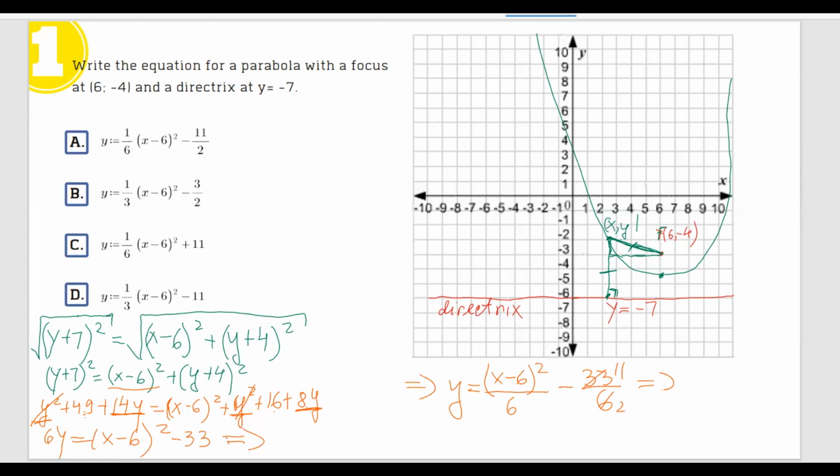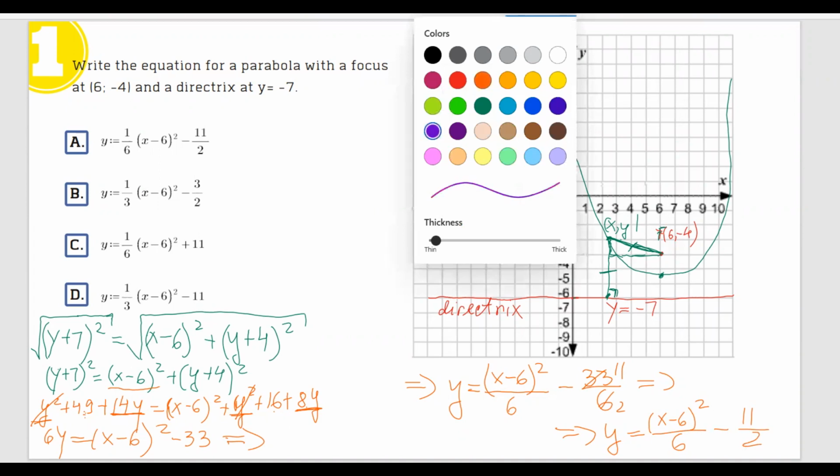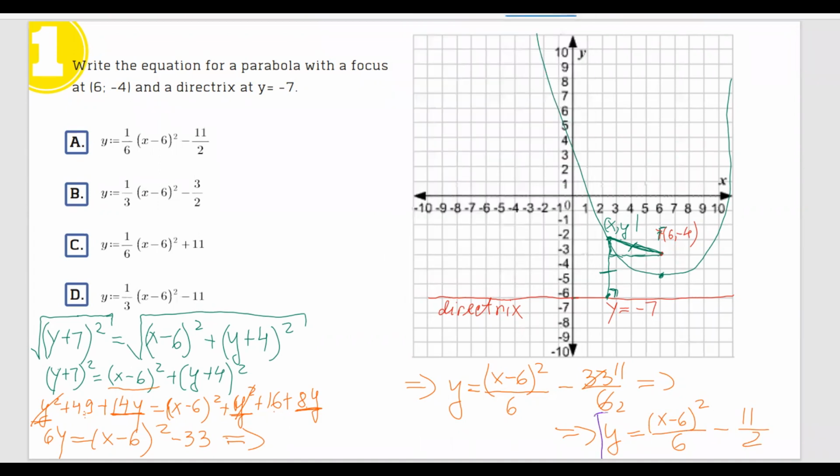So we can rewrite this as y equals (x minus 6) squared over 6 minus 11 over 2. And this is the equation of this parabola with the focus at (6, -4) and directrix at y equals -7.